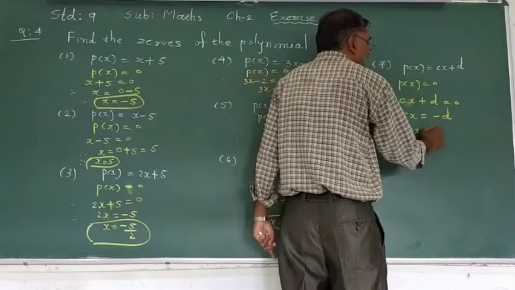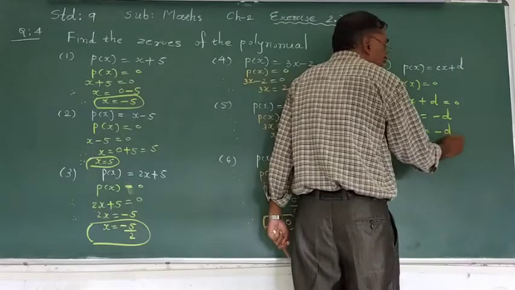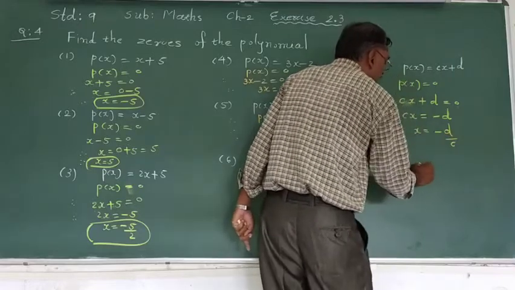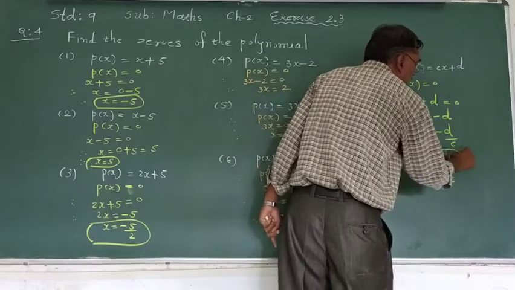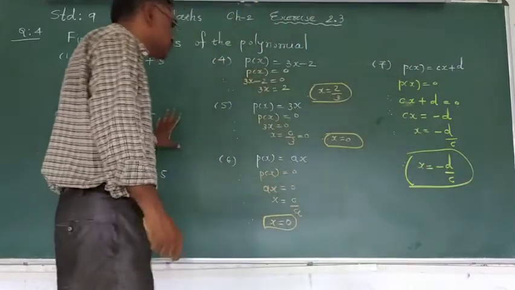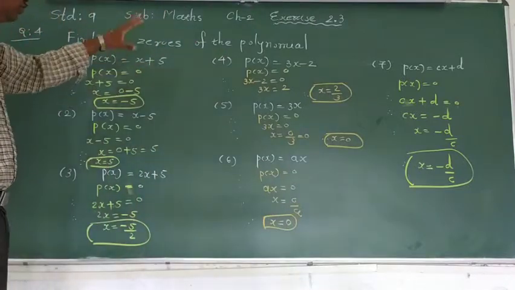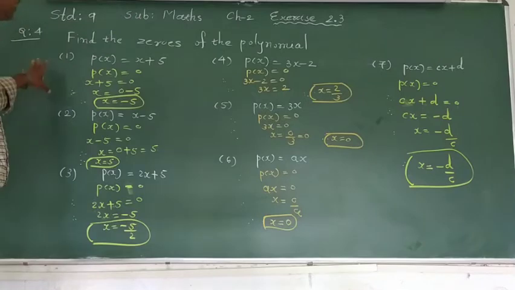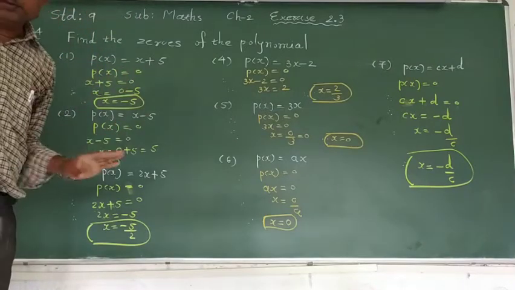Therefore, x equal to minus d, and this c will go in the denominator. Therefore, x equal to minus d upon c is the zero of the polynomial. So we can solve in this way. How to find the zeros of the polynomial? Write this down very carefully in your notebook now.